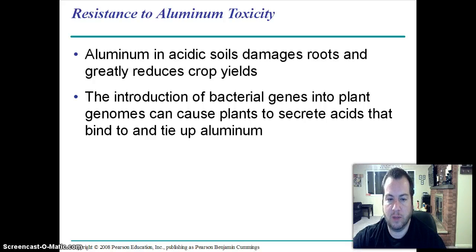Some plants are resistant to toxins like aluminum in the soil. Aluminum, when it's in acidic soils from like acid rain, will damage roots because the aluminum reacts with the carbonic acid or the sulfuric acid in acid rain and reduces crop yields.